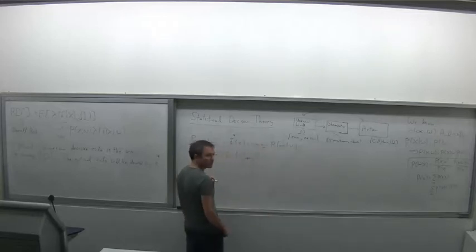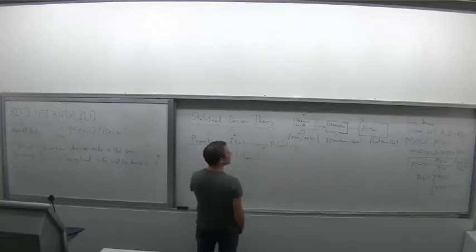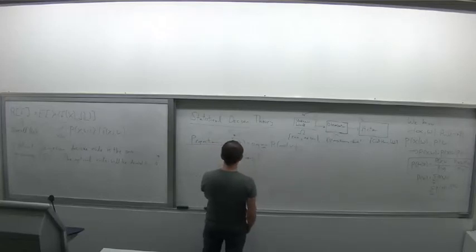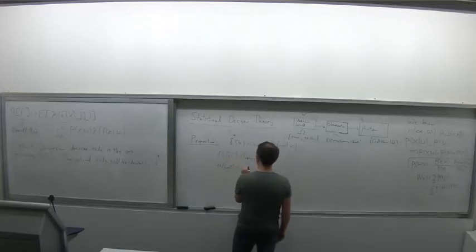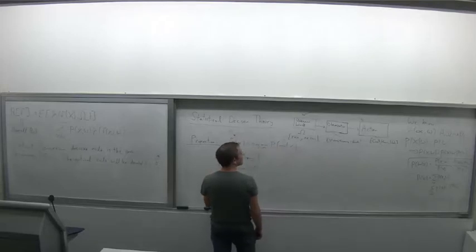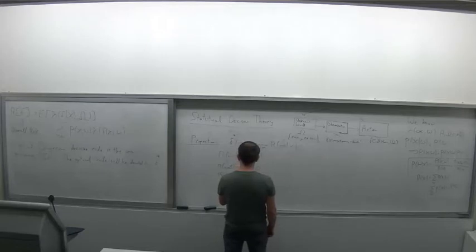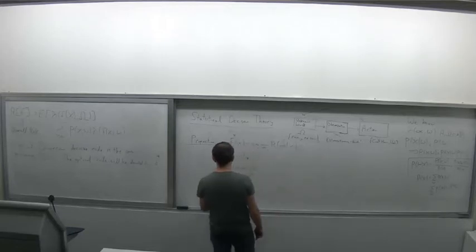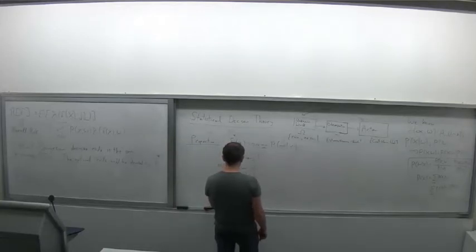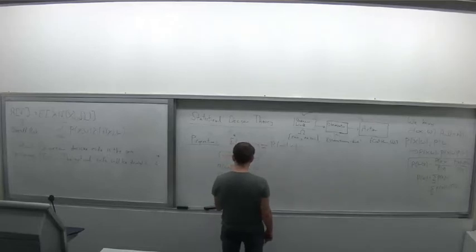There's R of coat given stormy, and let's say that's 0, R of home given stormy, 1, and R of umbrella given stormy is, I don't know, whatever, 0.5.